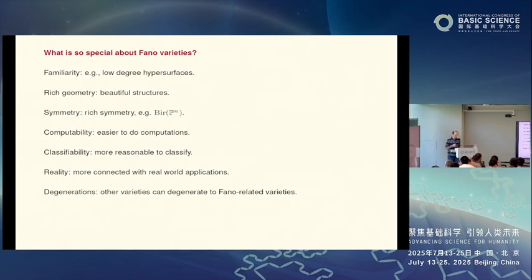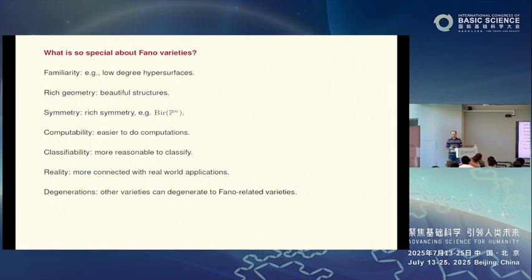And as I mentioned before, they are much more relevant to the real world, in particular through toric geometry. And another reason is degeneration. Quite often, other spaces like Calabi-Yaus or general type varieties can be degenerated. You can take a limit or somehow approximate, degenerate these spaces into Fano varieties or a union of Fano varieties or something related to Fano varieties.